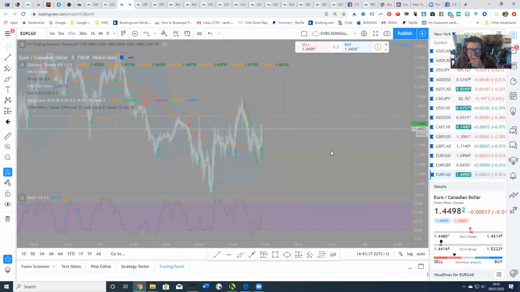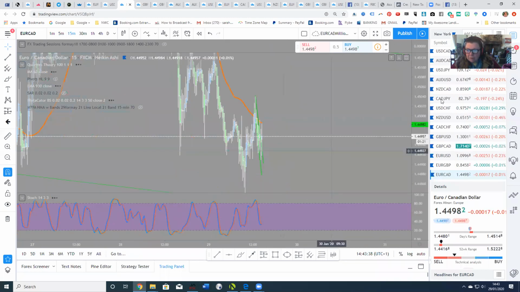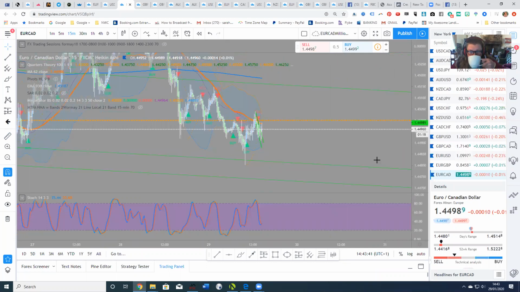So let's go to the 15 minutes. So it's now slowed down. Bollinger Bands are constricted. It's in the purple box, so it's not reaching the bottom. It's not in the extreme.